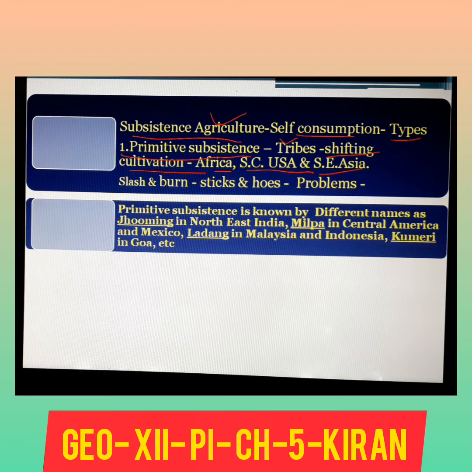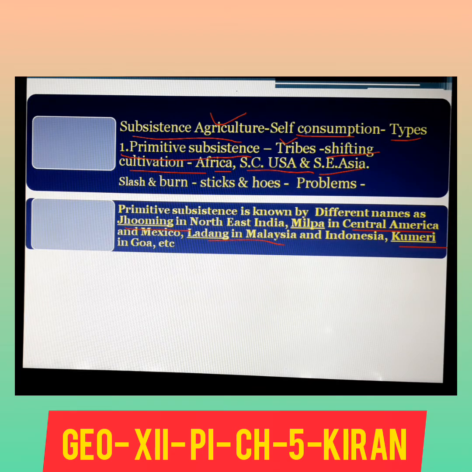They cultivate depending on the geographical location and whatever they require in their everyday life. Primitive subsistence is also known by different names: it is known as jhuming in the northeastern part of India, as milpa in central America and Mexico, as ladang in Malaysia and Indonesia, and in Goa it is known as kumeri cultivation.